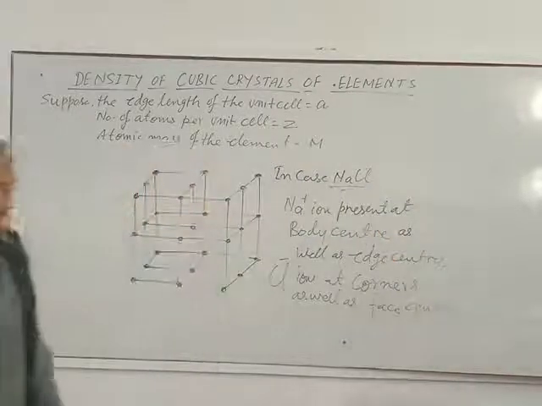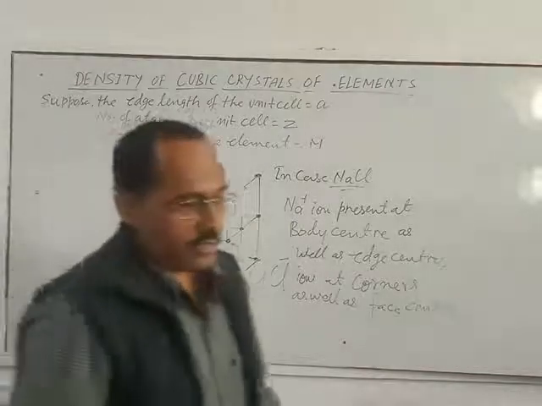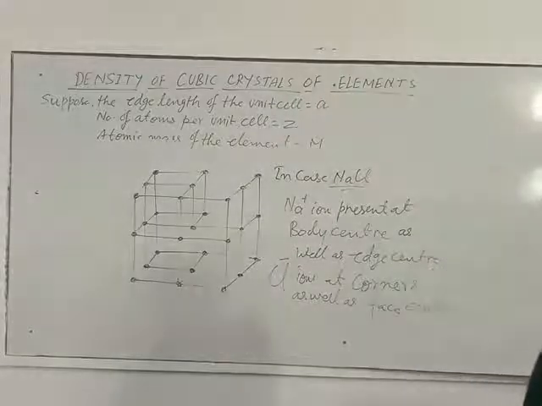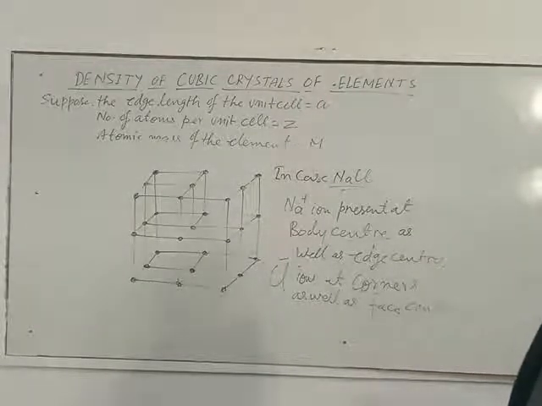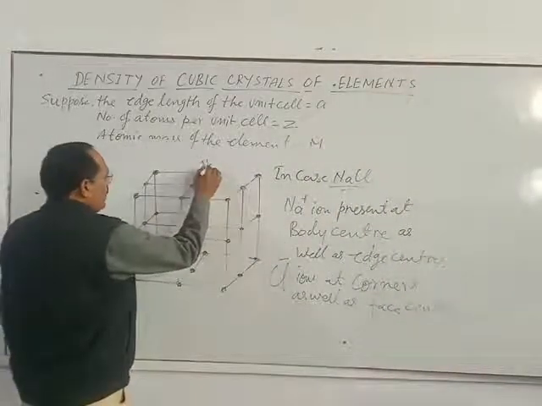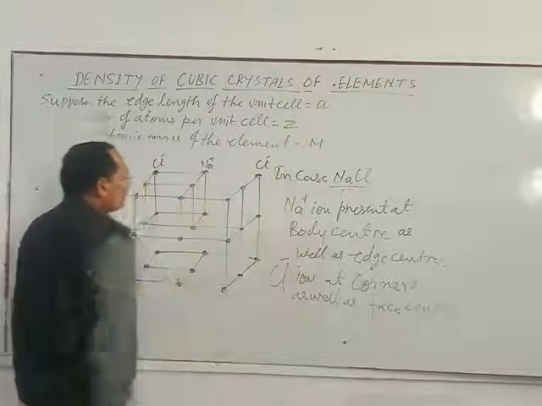In NaCl crystal, sodium ion present at edge center as well as body center, while chloride ion at face center and corners. That is why this is the position of sodium ion and these are the positions of chloride ion.